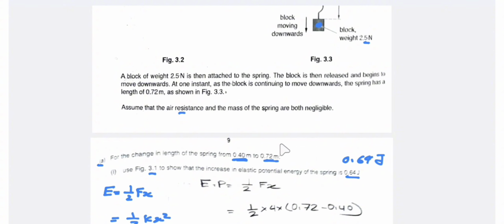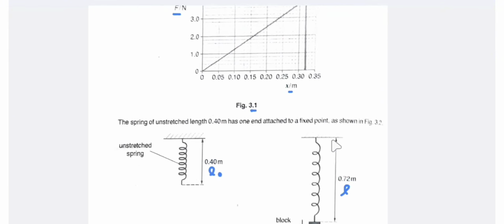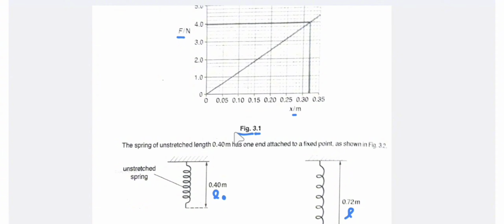So what is the extension? The extension is 0.72 minus 0.40, which is 0.32 meter. Figure 3.1 is a force against extension graph.